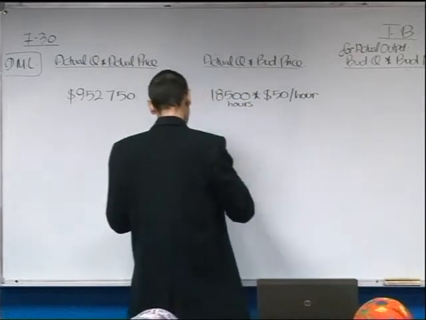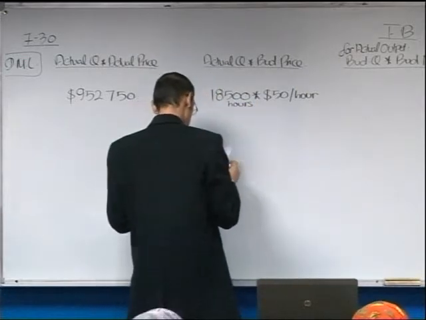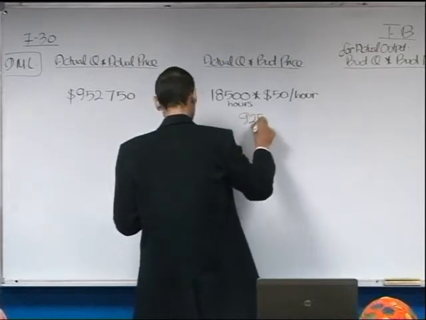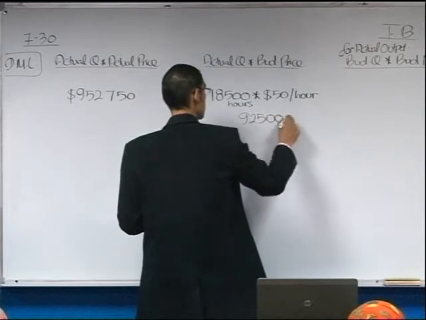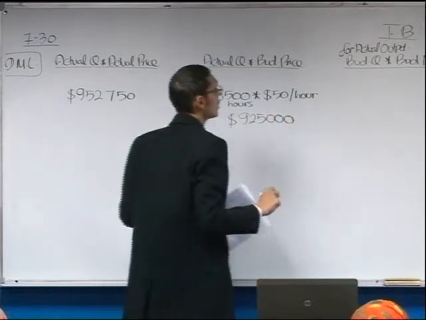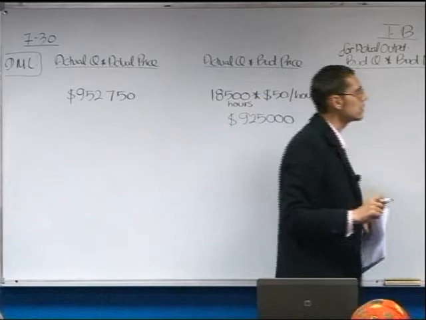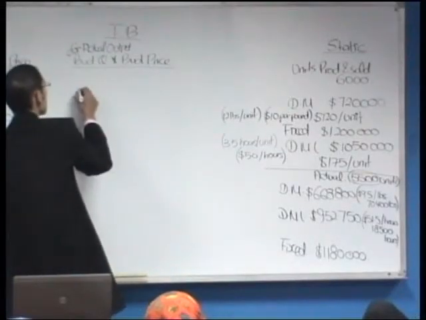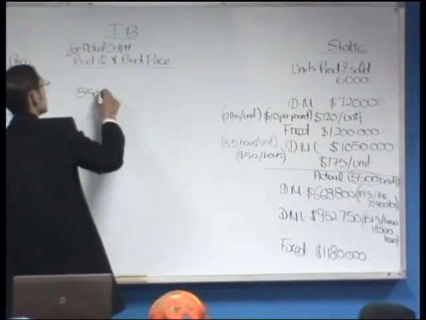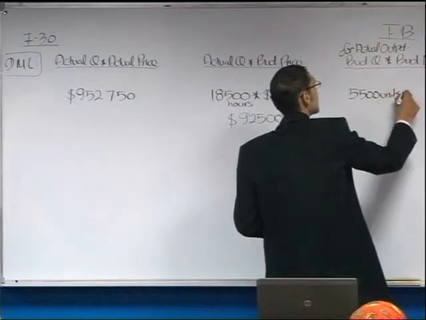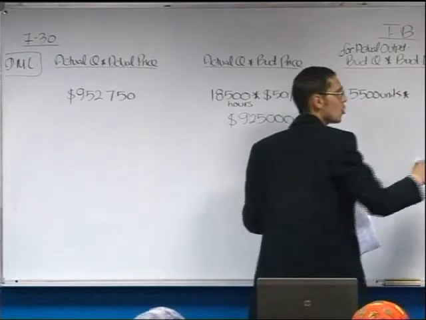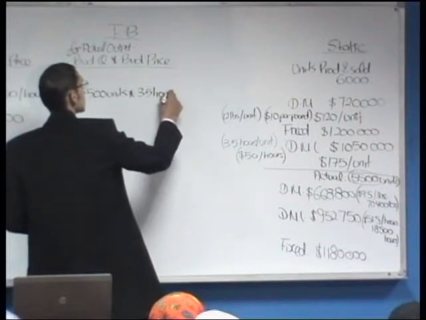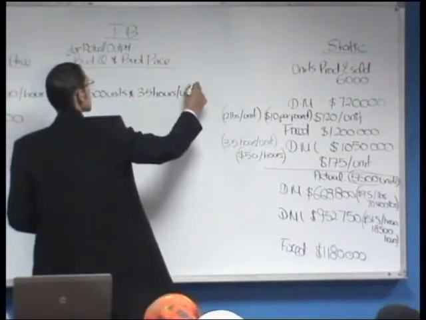Therefore, 18,500 multiplied by 50, $925,000. Now, the budgeted quantity is for the actual output of 5,500 units multiplied by the standard quantity per unit, which is 3.5 hours per unit.